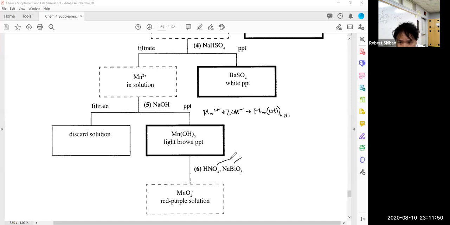And so H plus and bismutate is a powerful oxidizer, stronger than permanganate.